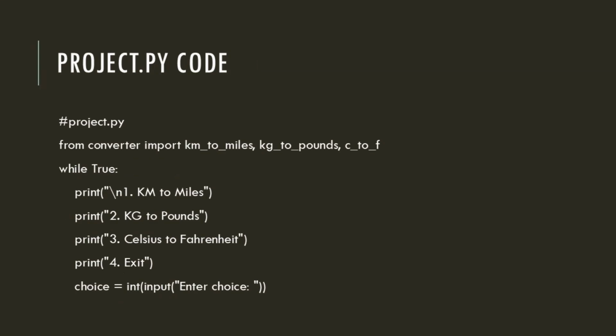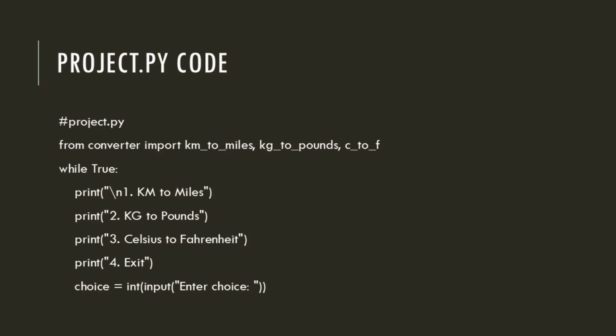Now let us create the main project file which will call and use these module functions. project.py: from converter import kilometer_to_miles, kg_to_pounds, c_to_f. while True: print 1 kilometer to miles, print 2 kg to pounds, print 3 Celsius to Fahrenheit, print 4 exit. choice = int(input("Enter choice")).